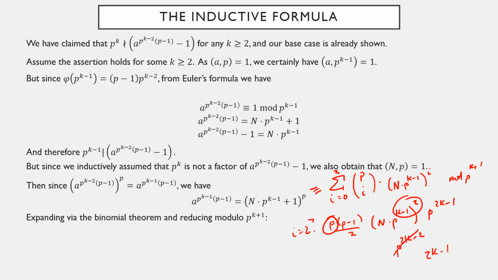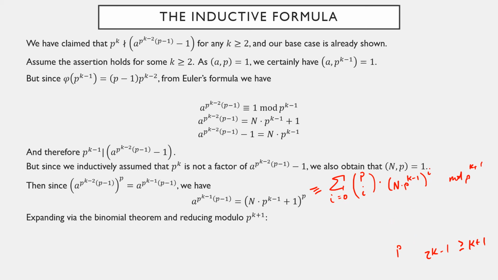And 2k minus 1 is also at least as big as k plus 1. So modulo p to the k plus 1, not only do the terms corresponding to i equals 3, 4, etc. vanish, the term corresponding to i equals 2 also vanishes. So I can, in fact, only expand this ginormous expression.